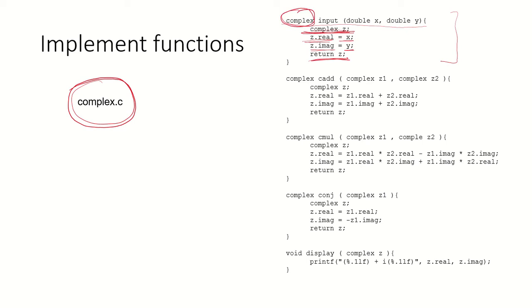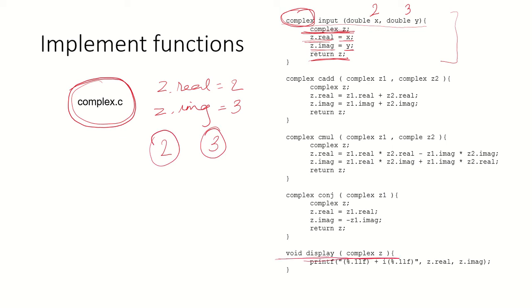So if the user is entering 2 and 3, z.real will be equal to 2 and z.imaginary will be equal to 3, and the complex number that would be returned would have real part 2 and imaginary part 3. How should it be displayed? This is the function definition for the display part. If a complex number comes in, how has it to be displayed?